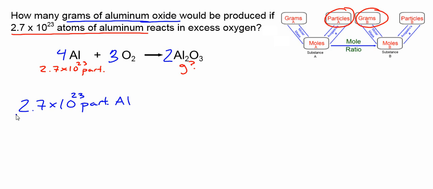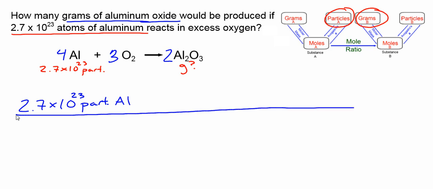So it is really important to set up your t-chart to reflect that. I am solving for grams of aluminum oxide. If I write that there, then I'm able to see what my destination is. So, letting my units be my guide, I have particles of aluminum, so I bring particles of aluminum down to the bottom.